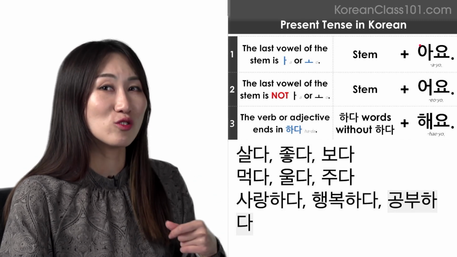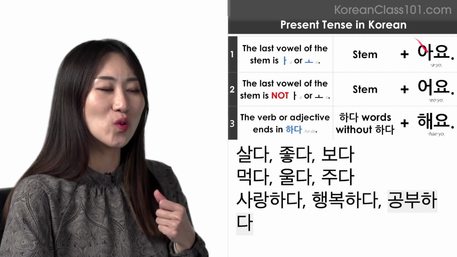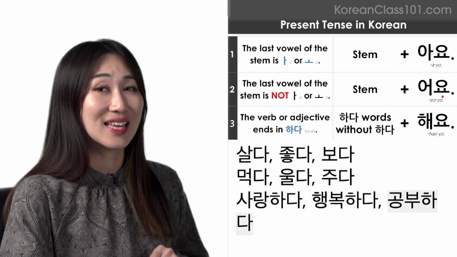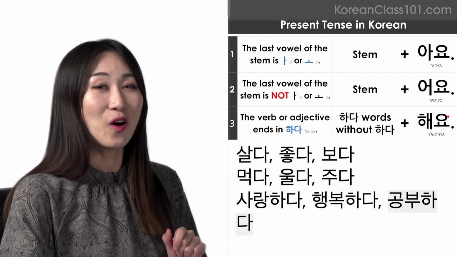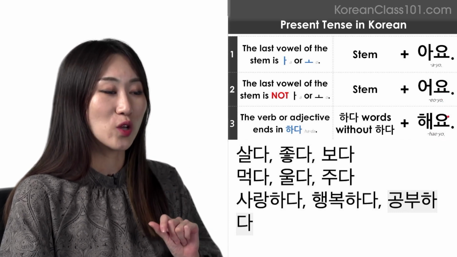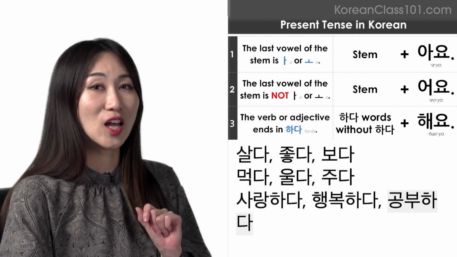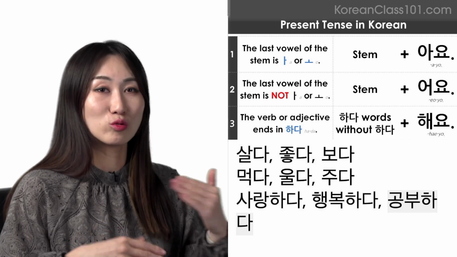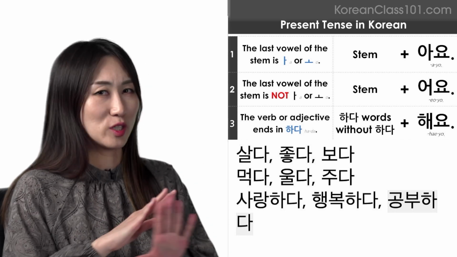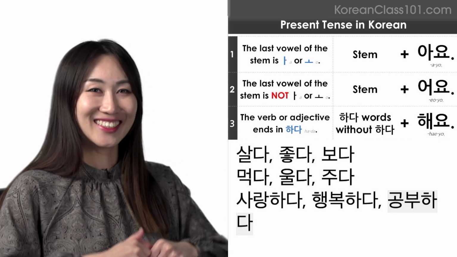Then you will understand. 아요, 어요, you will naturally pronounce these. So please practice a lot. And 해요 is simple, right? Always replace 하다 with 해요. This needs quite a lot of practice, but once you understand all these rules and get used to it, it won't be so hard. So, good luck!